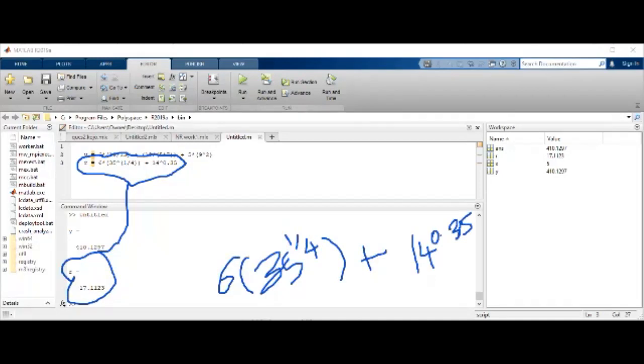If this is given to you, then you must write it this way in MATLAB in order to get this answer. Okay, are you okay now? Are you okay? Yeah. Good. So when it comes, then you do that.